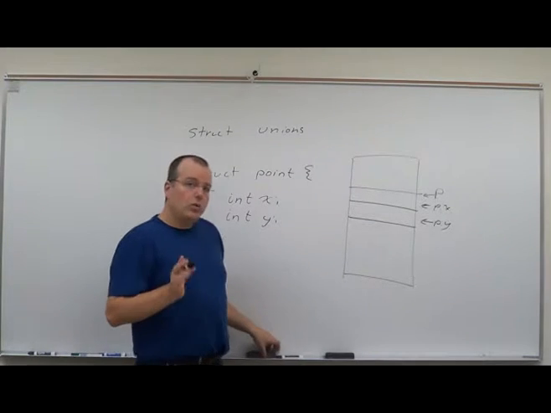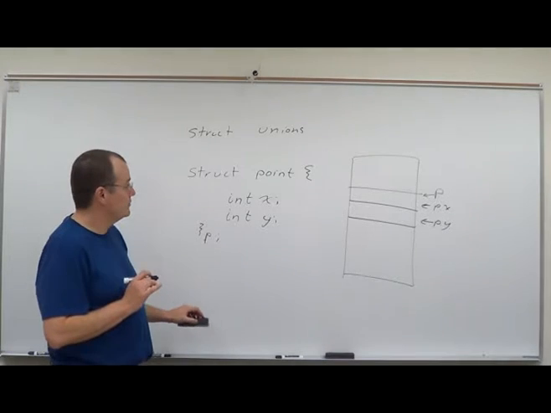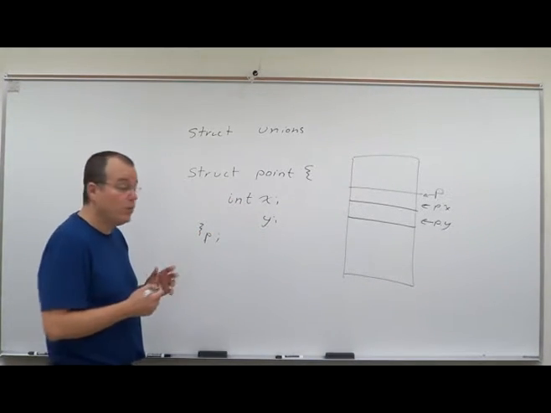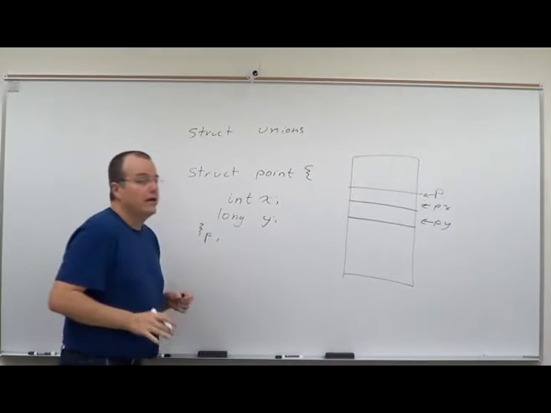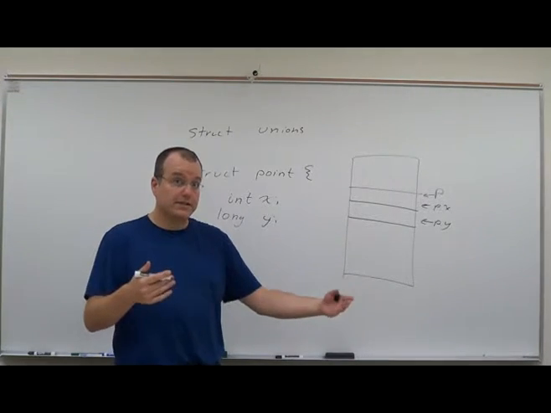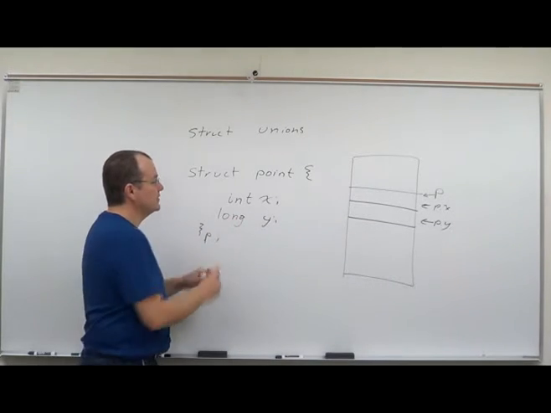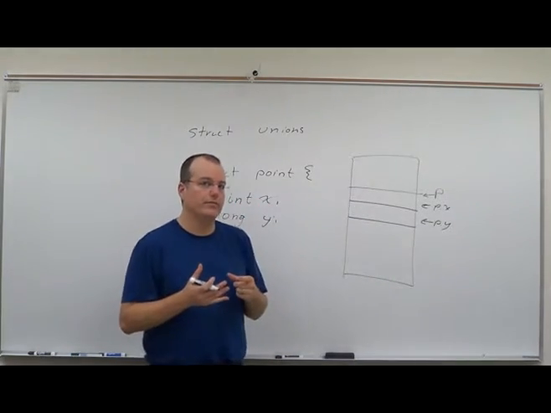It can be a little weird if these data types aren't the same size. For example, if rather than a 32-bit int, I made y a 64-bit long, and depending on your architecture, a long might be 64 bits. But let's just say this is a 64-bit long, and x is a 32-bit int. We get into this alignment issue.